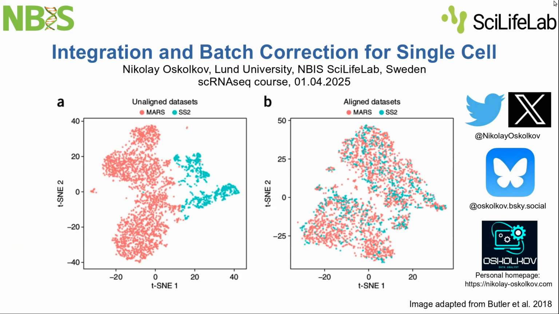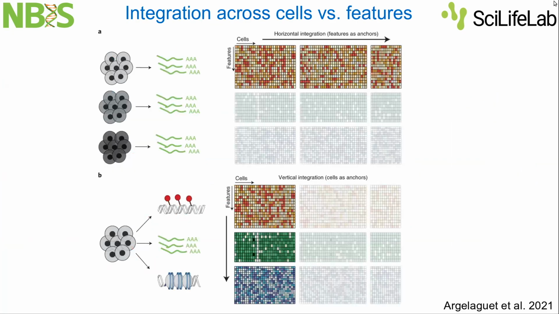First of all, there is a little bit of a Wild Western terminology, and I suggest to use the terminology introduced by Ricard Argelaguet and colleagues in their, I believe, Nature Biotechnology paper from 2021, where they introduced three different types of integration: horizontal, vertical, and diagonal. I'm showing horizontal and vertical integration, and I'll come to the diagonal integration in a few slides.